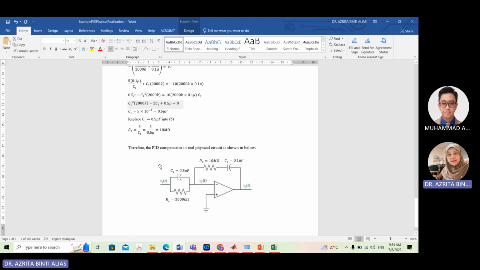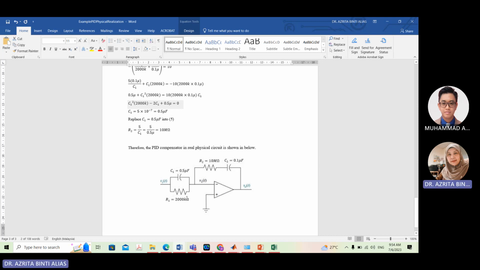After that, we can demonstrate or put the PID controller in the real physical circuit. So Z1 is represented by C1 parallel with R1, and for Z2, series R2 and C2.